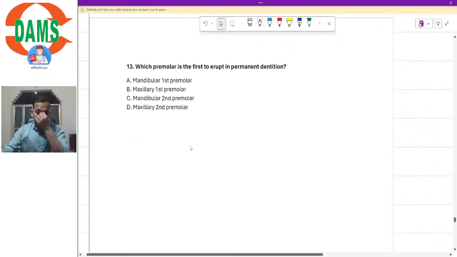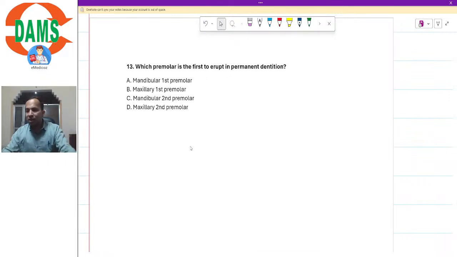So which premolar is the first to erupt in permanent dentition? This one is from eruption. Cupids means anterior teeth up to the canine. When we smile, our lip is supported by the canines, isn't it? Sometimes it is also called the cornerstone, because it helps form the curve of our smile.